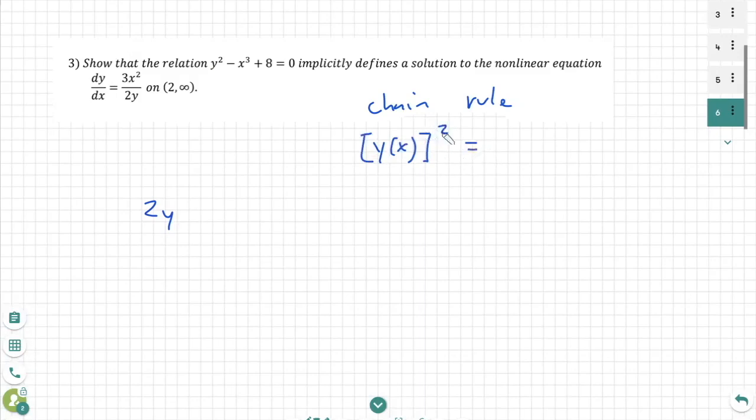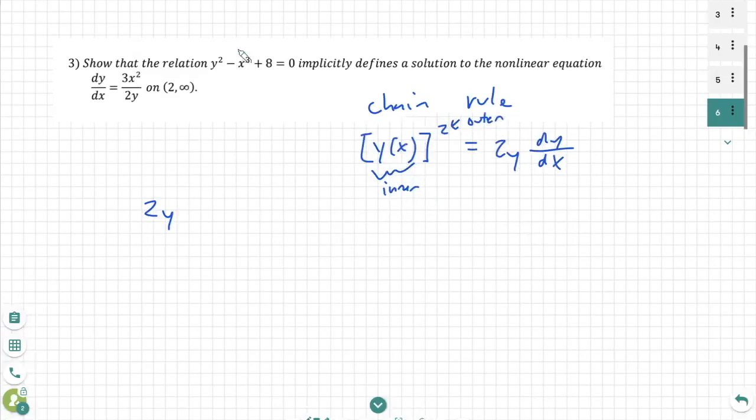You take the derivative of the outer function, which is 2y, but then you have to multiply by the derivative of the inner function. The inner function is y of x, and we use dy dx to represent the derivative of y. Does that make sense? Yeah, because it's the derivative of y. So y is the inner function, and the squared is the outer function.